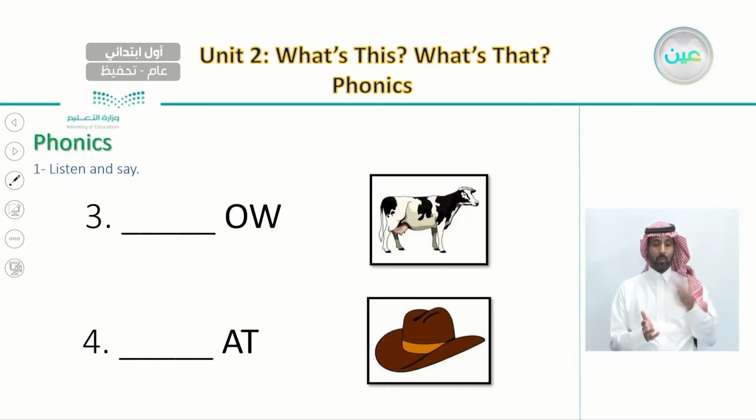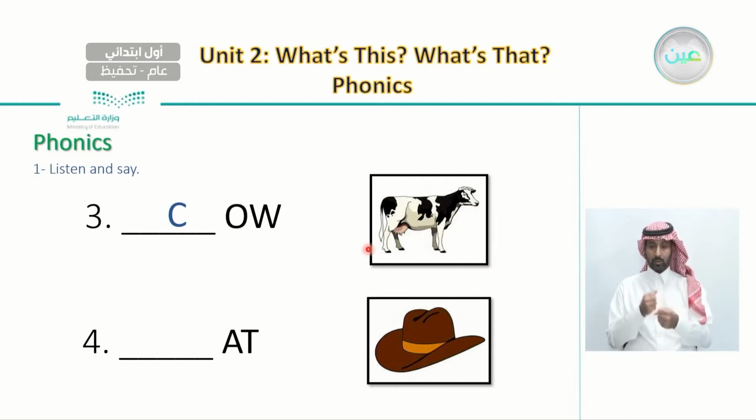Number 3, C, say cow. C, pronounce as cow. Cow. This is a cow.